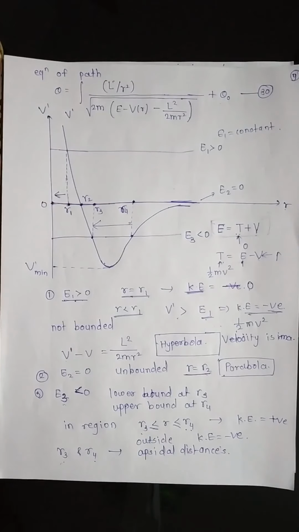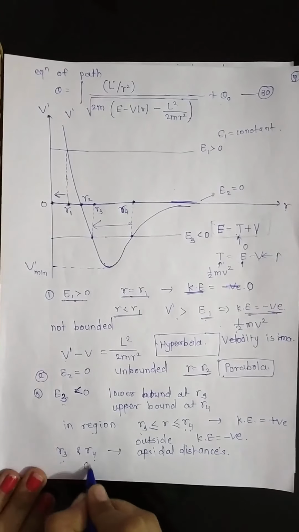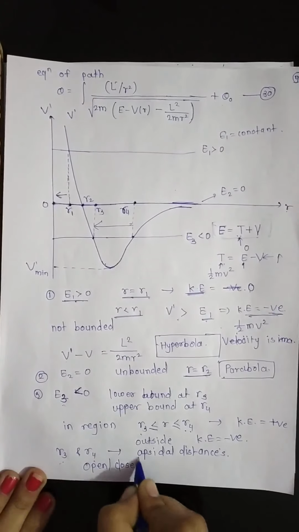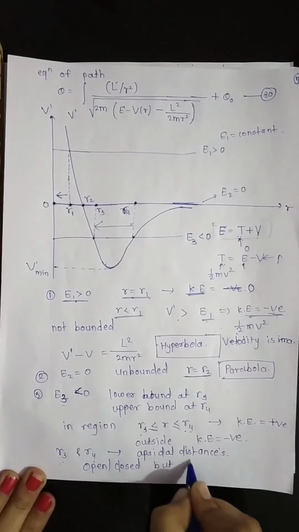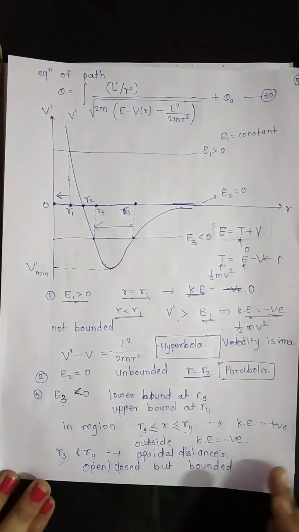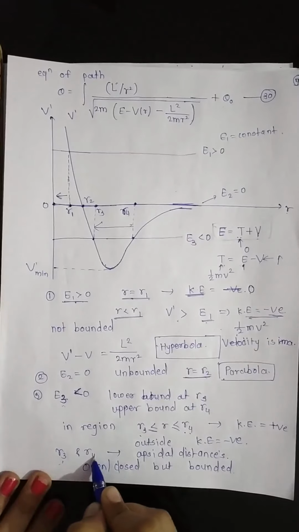Now here the orbit can be closed or it can be open. It is not necessary that the orbit is open or closed, but it is bounded, and it is bounded between two circles of radius R3 and R4. Now let's discuss how it is bounded.